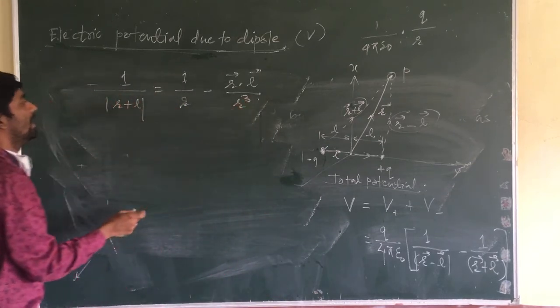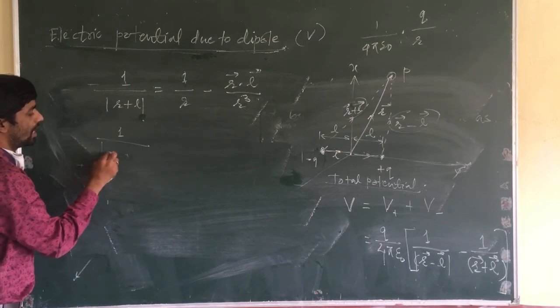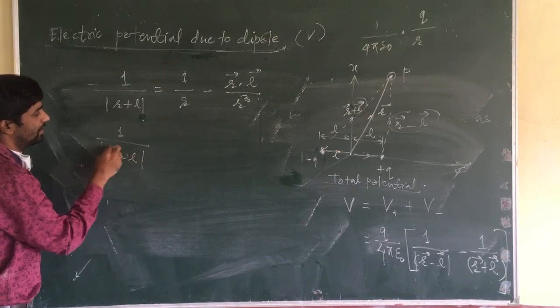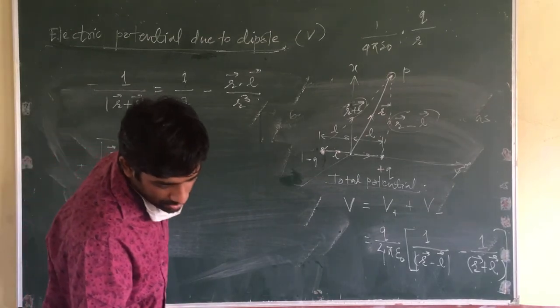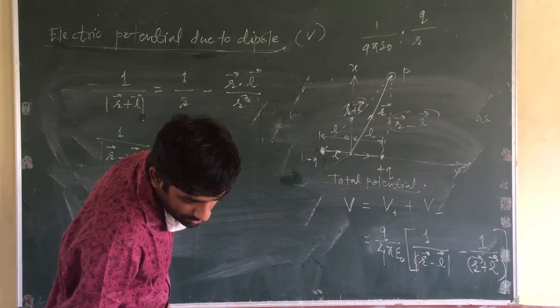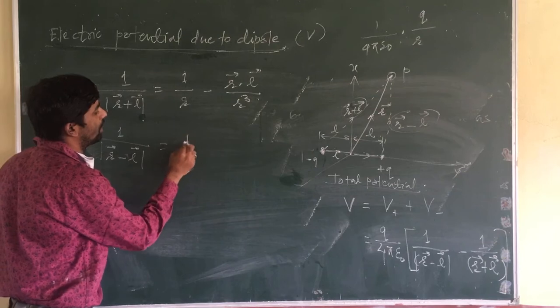And if you calculate the value of 1 upon r vector minus L vector, this value will be equal to 1 upon r.